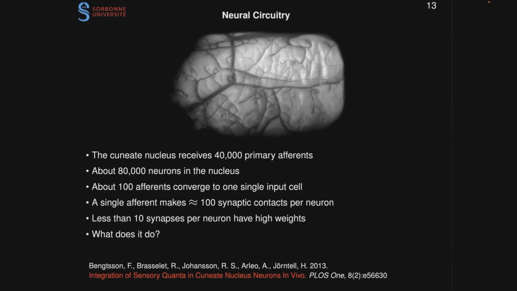And the numbers that are quoted here actually refer to a small animal. So if you are talking about a big animal like us, then you can add 1 or 2 zeros to these numbers. And the most intriguing part of this nucleus is that it's been identified in fossil records since the Triassic period.